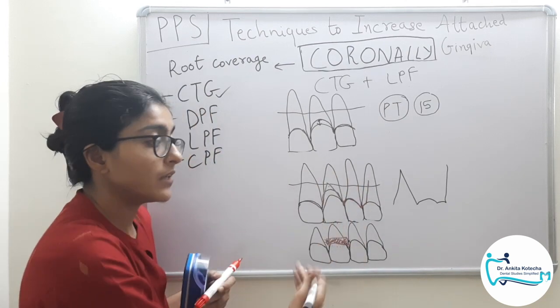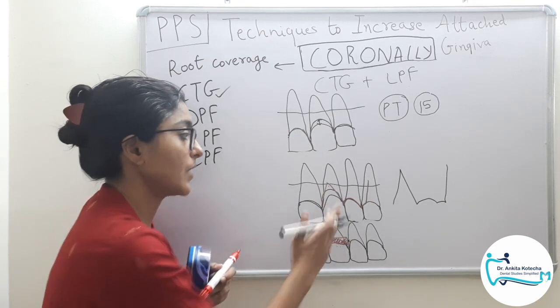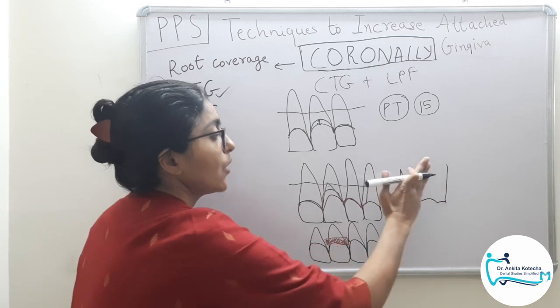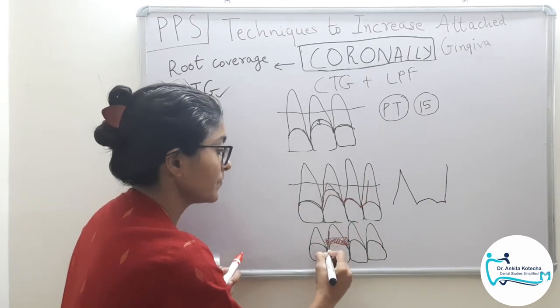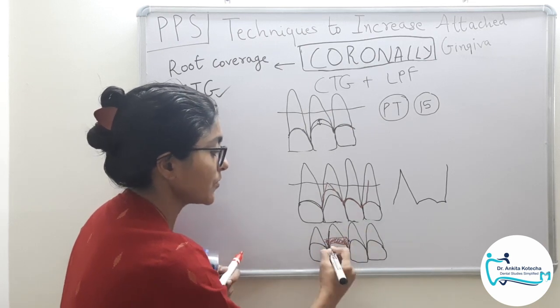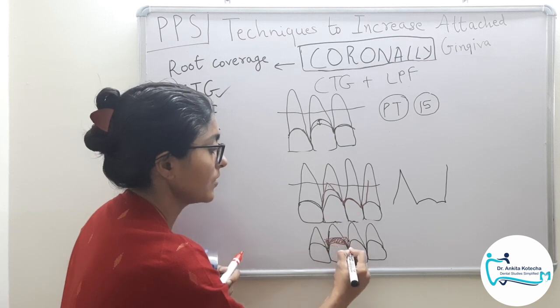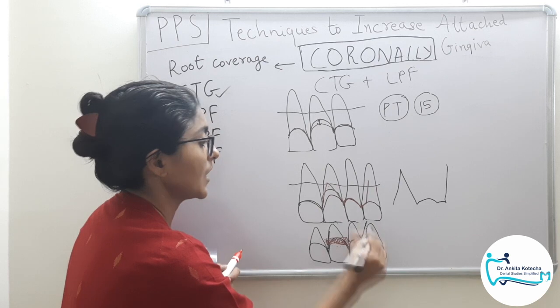Now cover this connective tissue with the pedicle flap, that is the laterally positioned flap. So this flap is now going to be laterally positioned. Here this will be our flap that will be repositioned, and this much will be the exposed area.